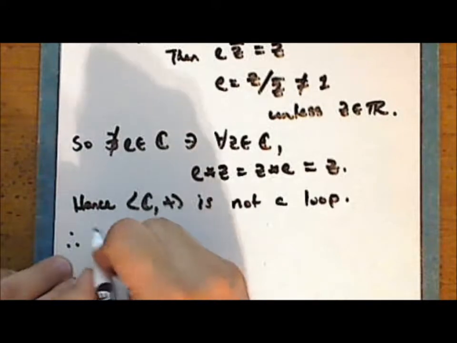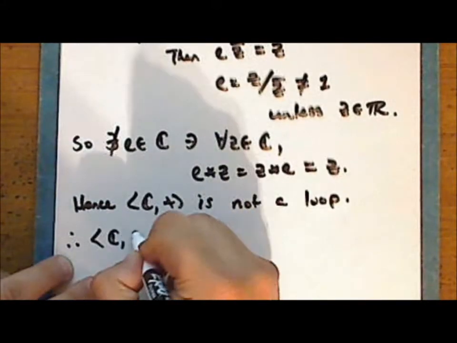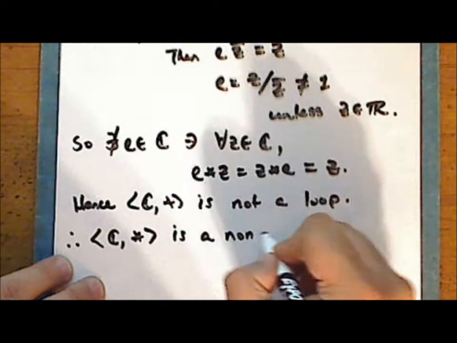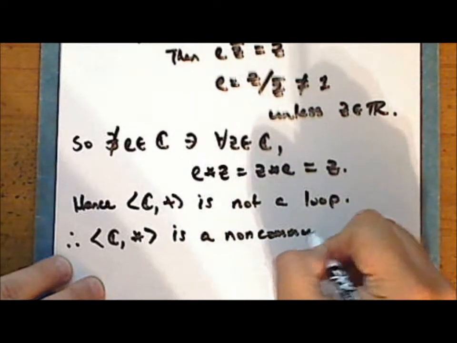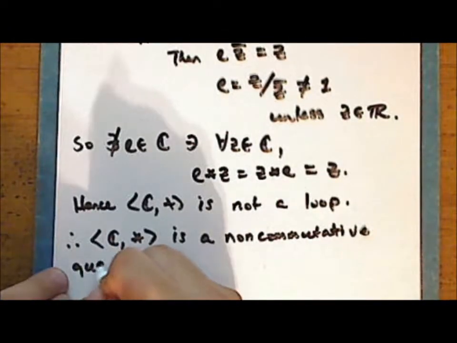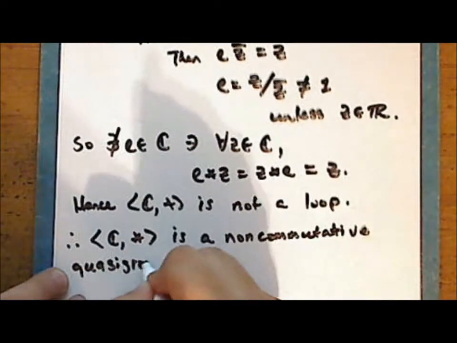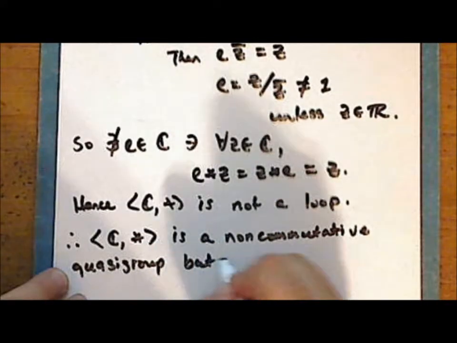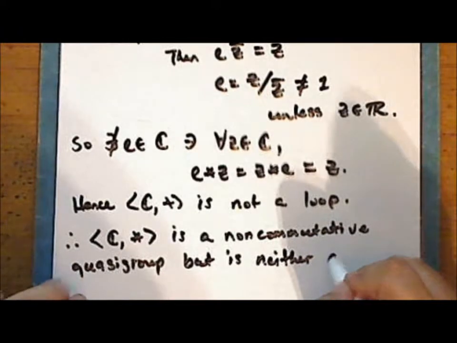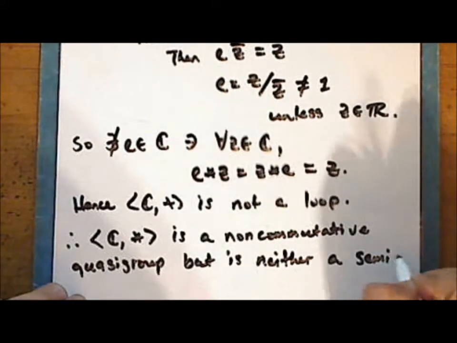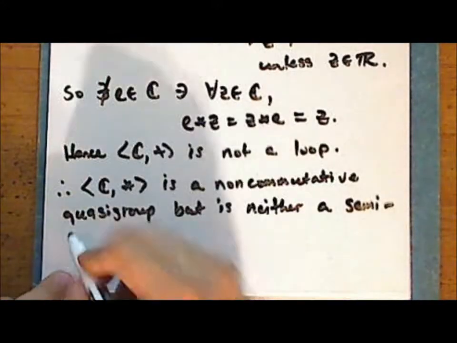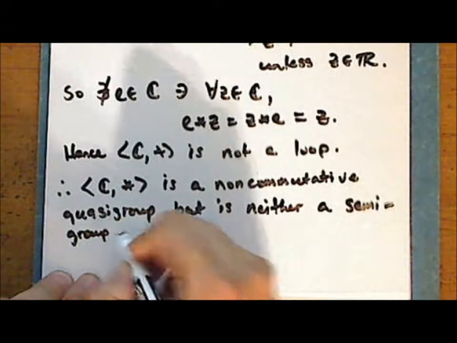So we have demonstrated that this structure is a non-commutative quasigroup, but is neither a semigroup nor a loop.